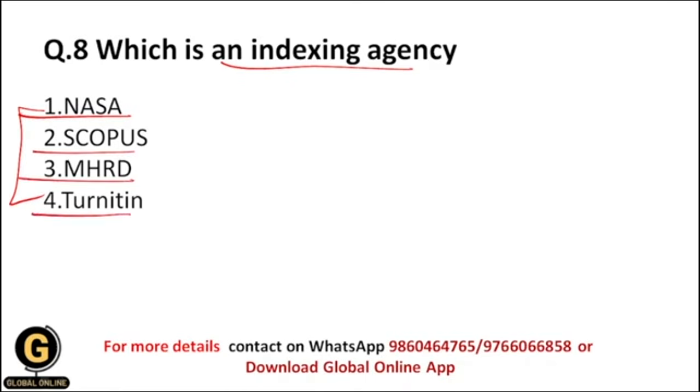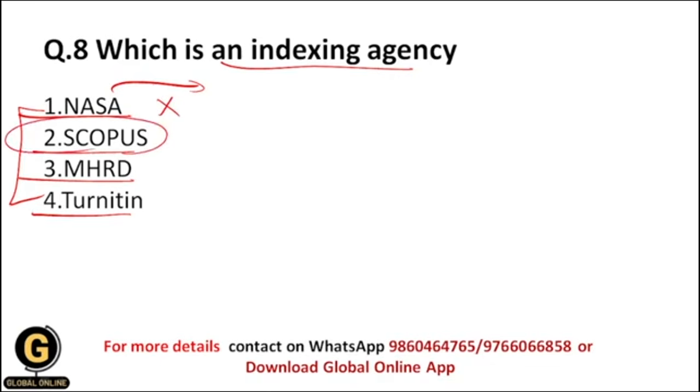So all of you are well known about NASA. Basically NASA is situated in the US, and the full form of NASA is National Aeronautics and Space Administration, right? It is an independent agency of the US federal government, and it is responsible for the civil space program, aeronautics research and space research, and that's why this is not an indexing agency, so this gets eliminated.